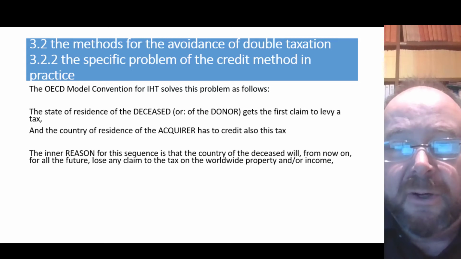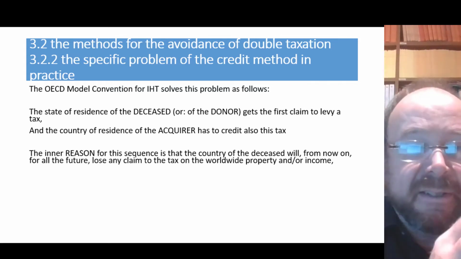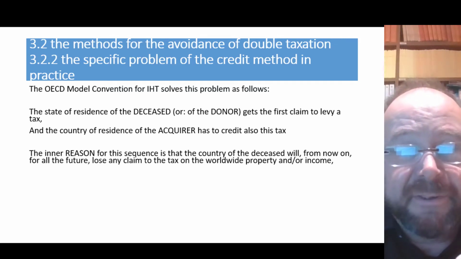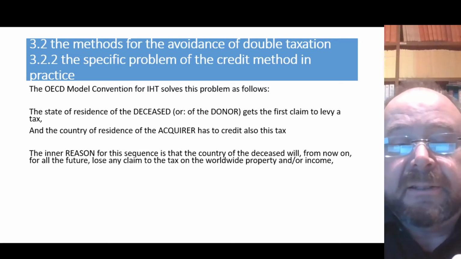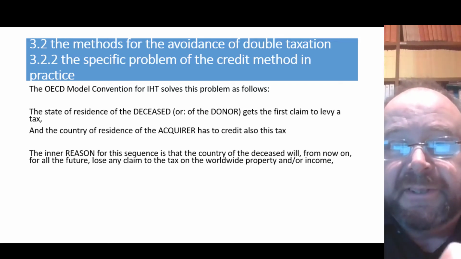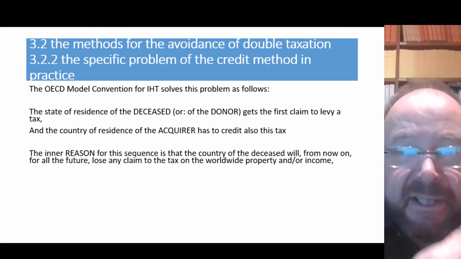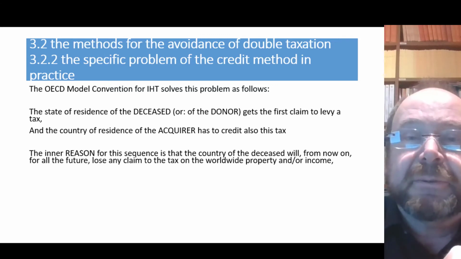Afterwards, it will be gone for eternity and end up in the worldwide property and the unlimited tax liability of state C, the state of the acquirer. And so they said, well, the state of the deceased now has the last opportunity ever, so let's be polite, give them this opportunity.